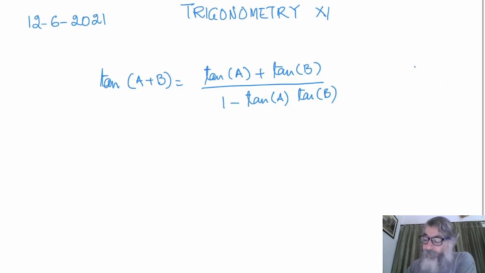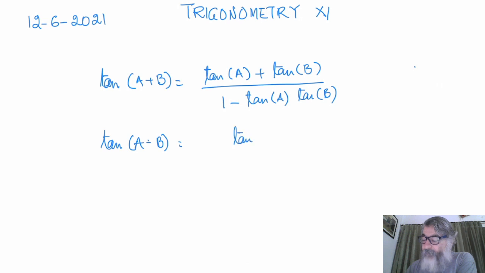Let's see what is the formula for tan(A−B). It's exactly the same, except there's a minus in the numerator, that is tan A minus tan B in the numerator, and in the denominator it is 1 plus tan A tan B.